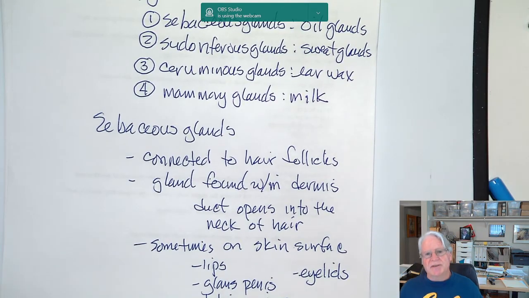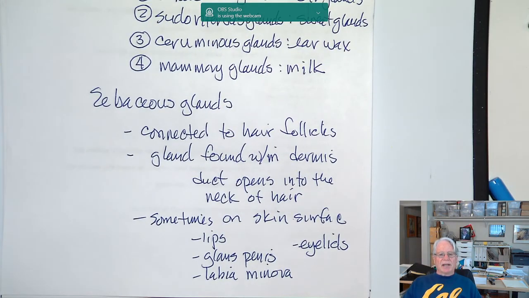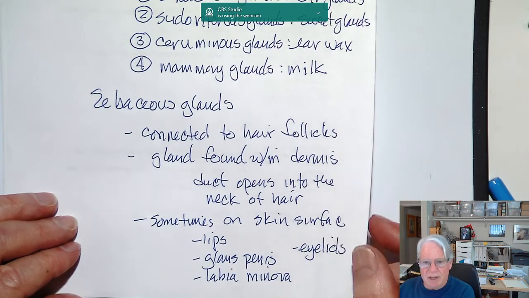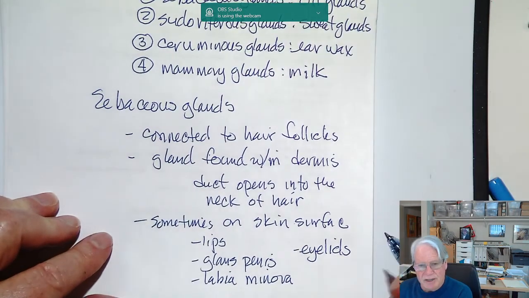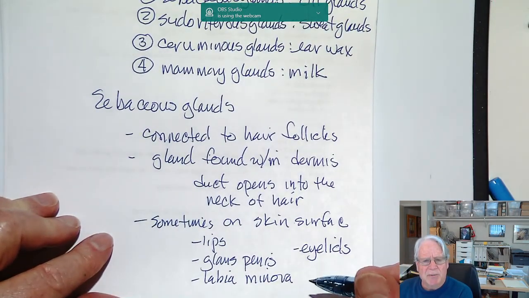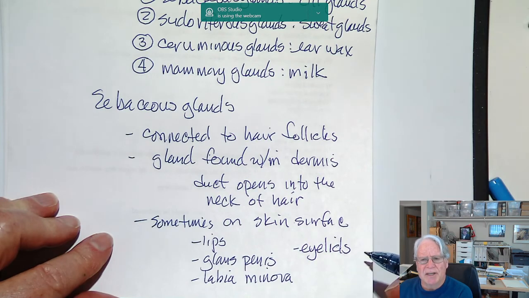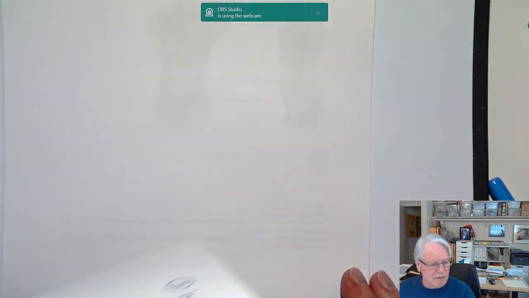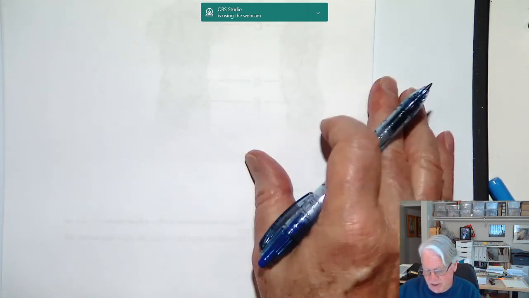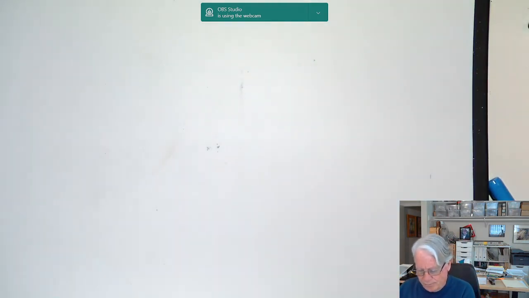So there, these oil glands are actually emptying onto the surface of the skin rather than onto a hair shaft itself. Lips don't have hair. Glans penis doesn't have hair. Labia minora doesn't have hair, and the inner surface of the eyelids certainly doesn't have hair. They have the eyelashes, but that's just one very specific area.